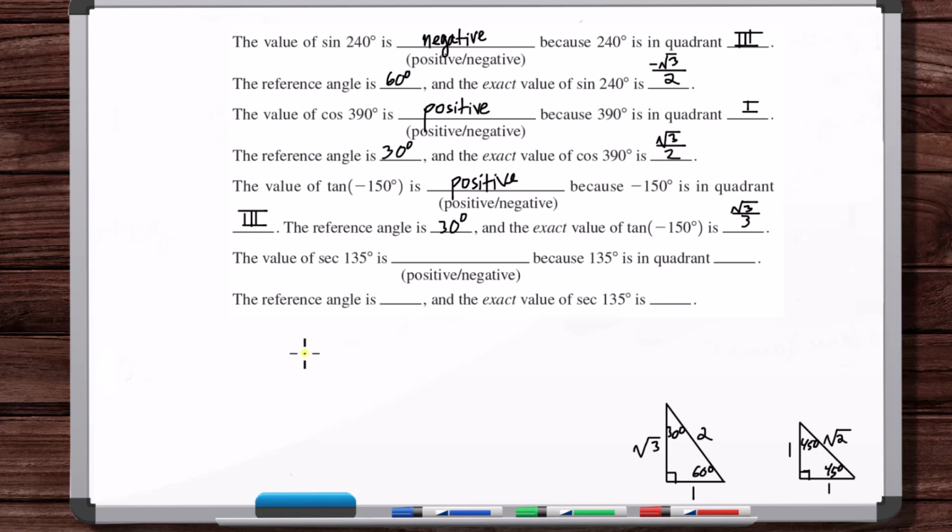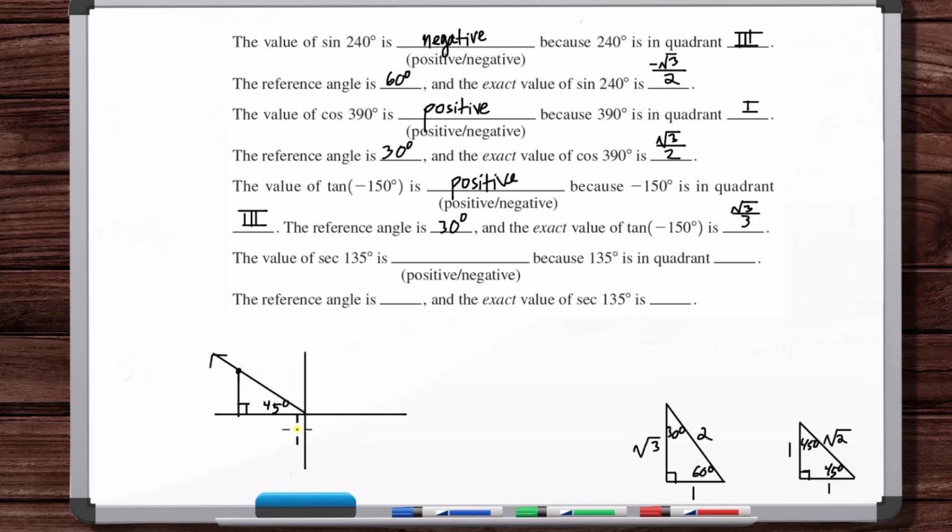Okay, secant of 135 degrees. So here's 180. Well, let's do this. 90. So it's 45 degrees in quadrant 2. So the reference angle is 45. Here's the reference angle. And secant is going to be what?